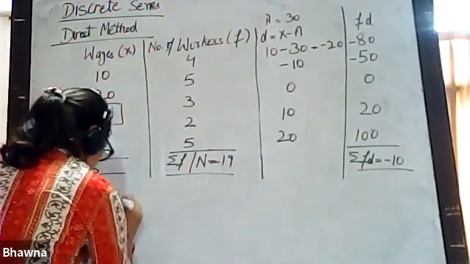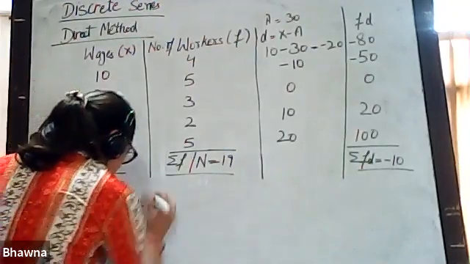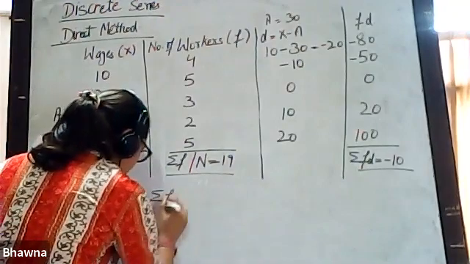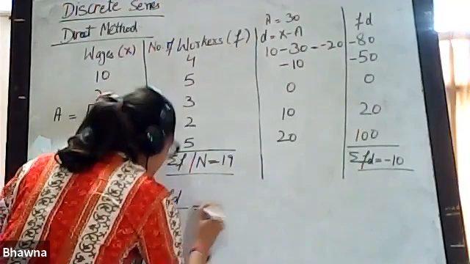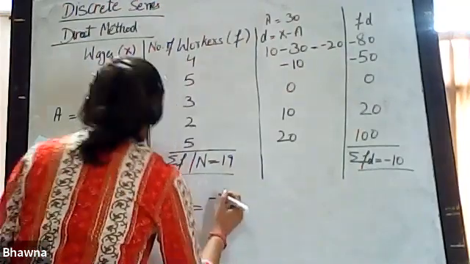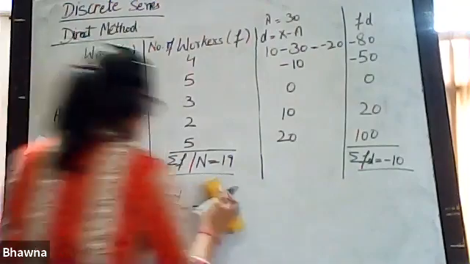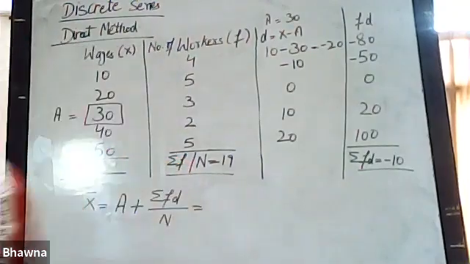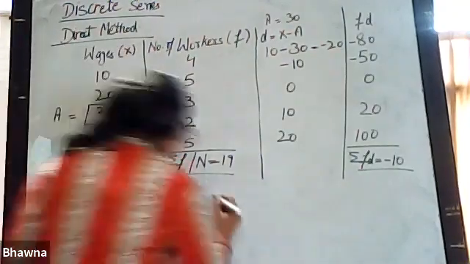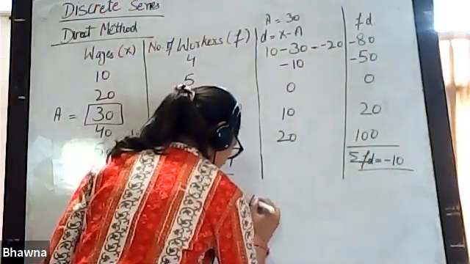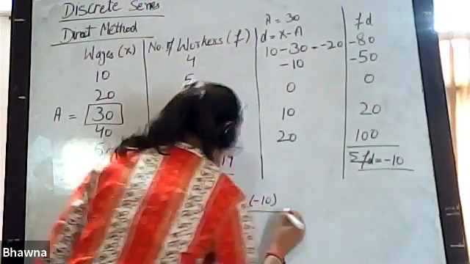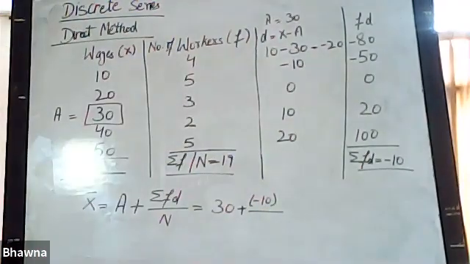Mean is equal to A plus summation FD divided by N. So now we put the value of A, that is equal to 30, and the value of N is 19.